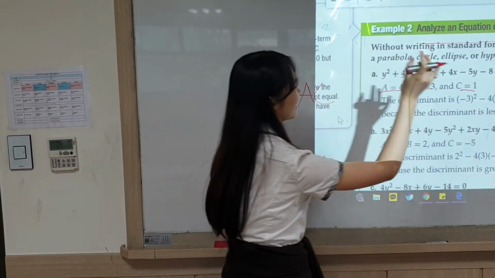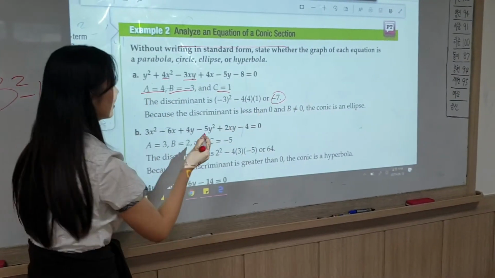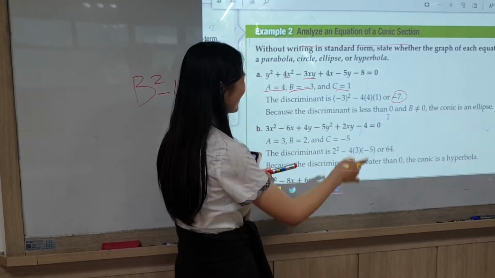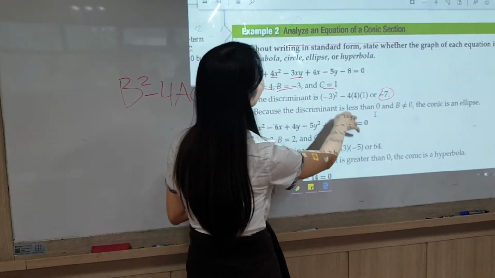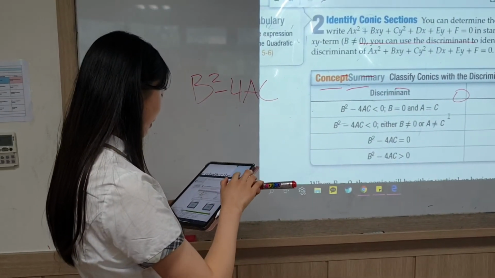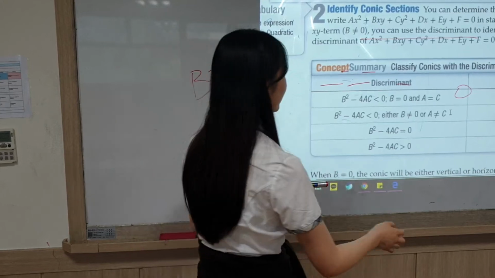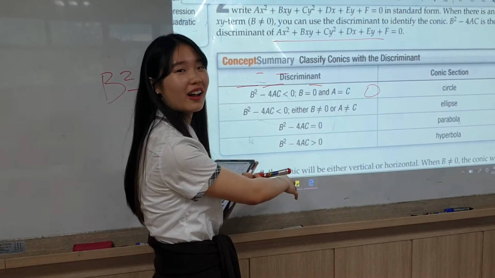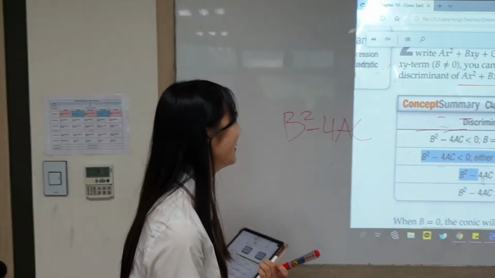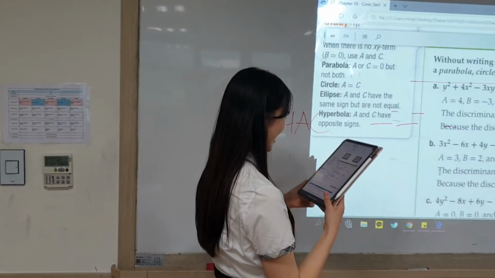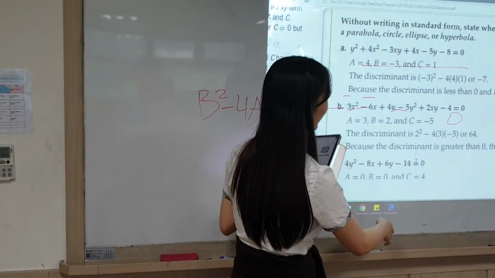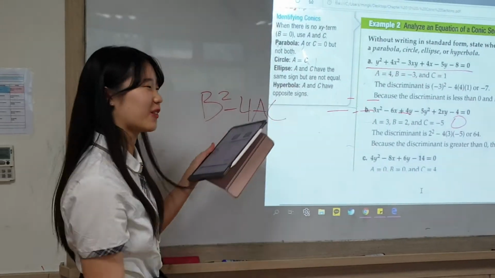We put these numbers inside here, and then we get 7, minus 7. Because this is less than 0, that means it would be a hyperbola. Less than 0. Ellipse. Yep. And then the rest of these equations would be the same. It will be a hyperbola, and you need those equations up there to solve it.